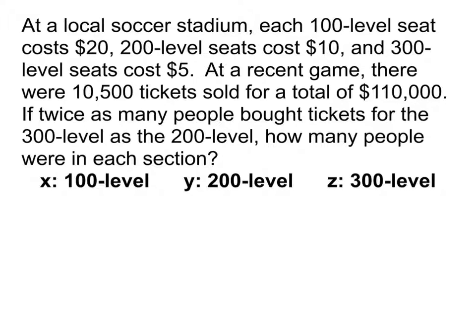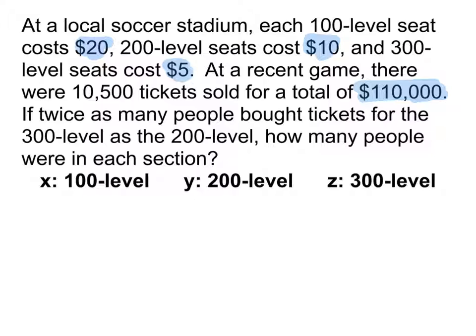And then I need to start looking to write some equations to deal with this situation. The first thing that jumps out to me is I see a lot of numbers that deal with money. And so each of these numbers that deals with money, I can take and write a single equation that encompasses all of those. So if it's $20 per 100 level seat, well, the 100 level seats are the x's.